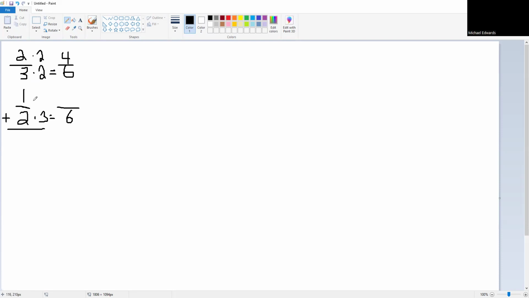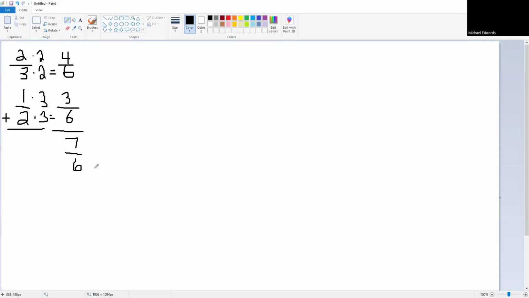So this is 4/6. That's a 3. That's 3/6. Now, because the denominators are the same, we can just add them up. So this would be 7/6. And that's our answer.